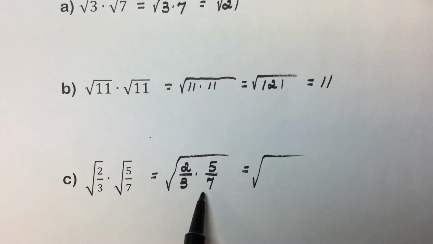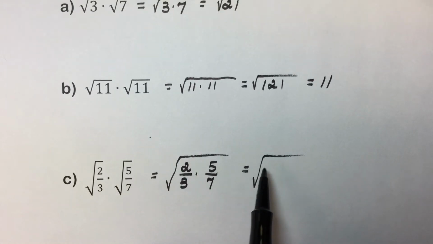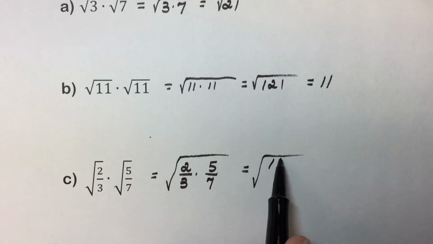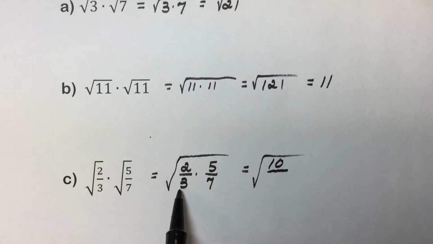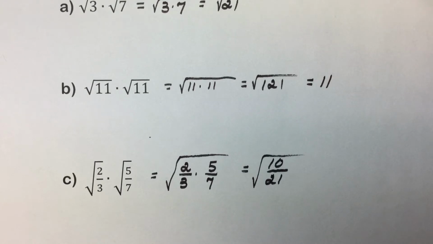There's nothing to cancel out, so in our result of multiplying two rational expressions, the numerator will be the product of the two numerators, which in this case is 10, and our denominator will be the product of the denominators, or 21. And here we have our simplified version of this multiplication of radical expressions.